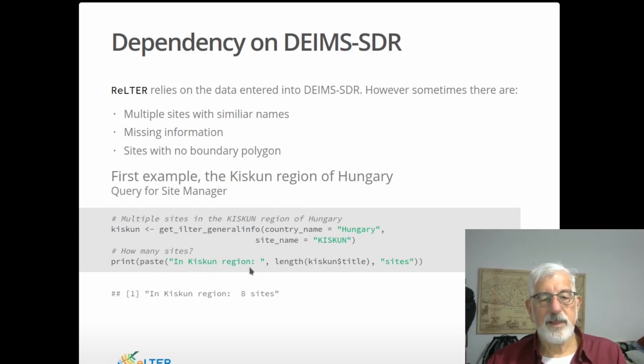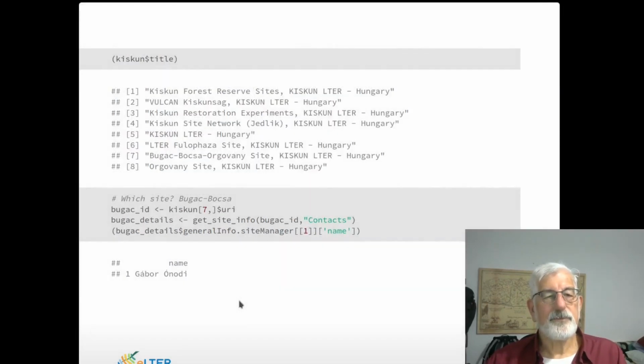By printing the length of the data table that we get back, we see that there are 8 sites. And if we print out the title from that data, then we can see the names of the sites. We'll choose, in this example, the 7th one in the list, Mugac.